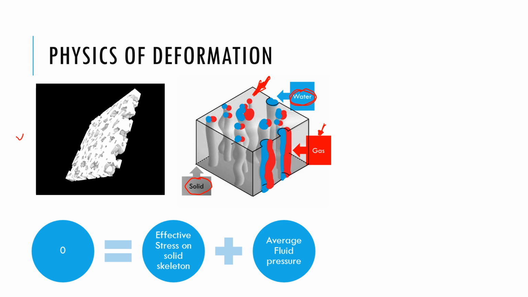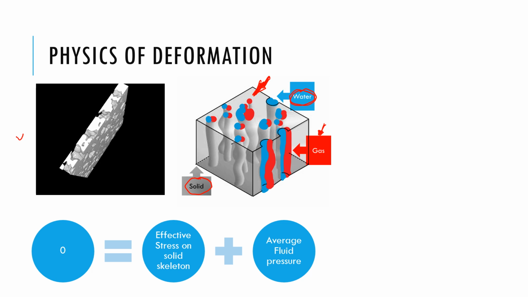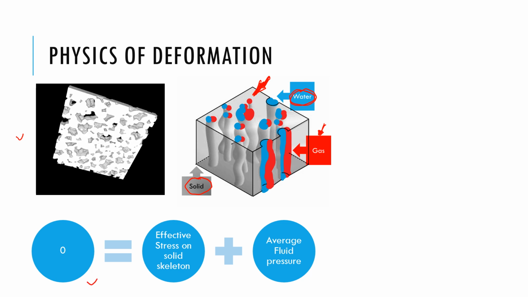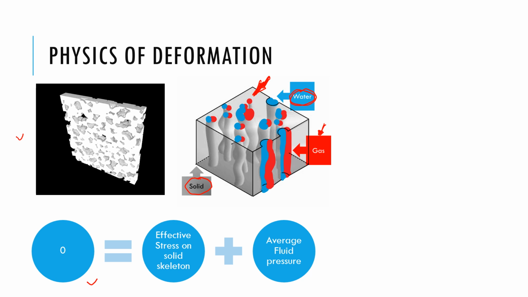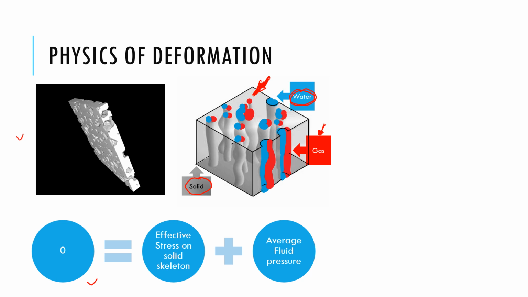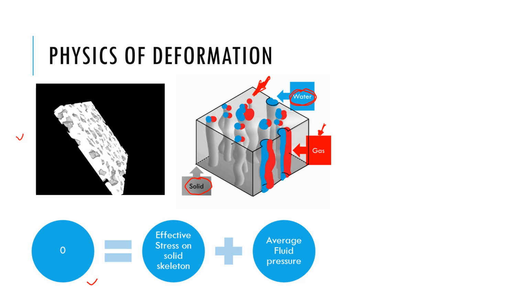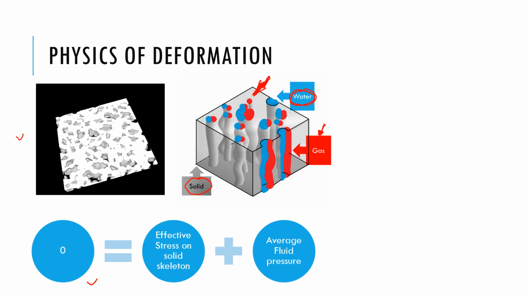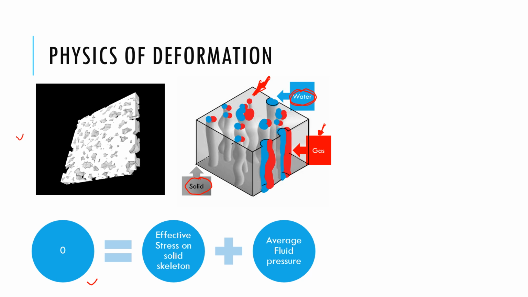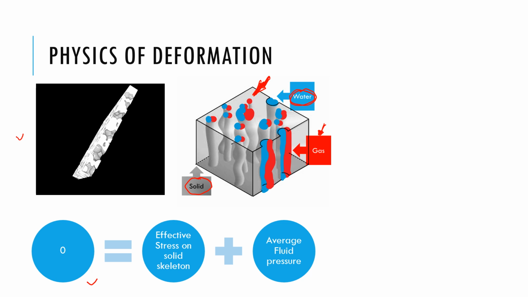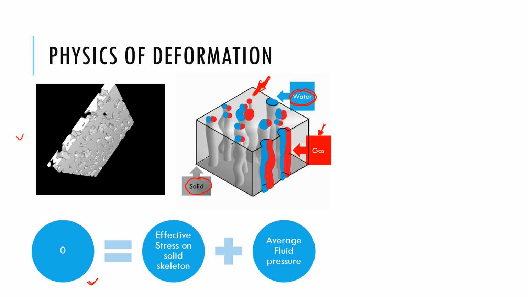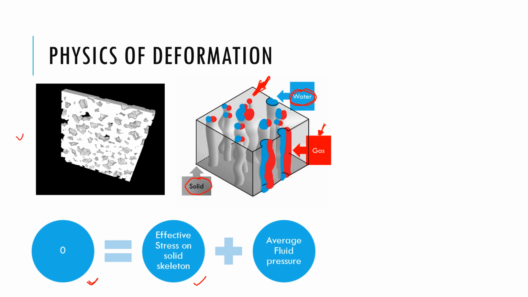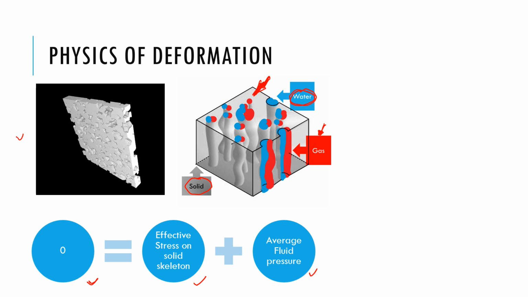Now, if we write the equations of equilibrium, it's going to look like this. The total applied stress is 0 because the rice is not being pressed, there's no external force on the rice. So the equation for equilibrium becomes 0 equal to the effective stress on the solid skeleton plus the average fluid pressure.